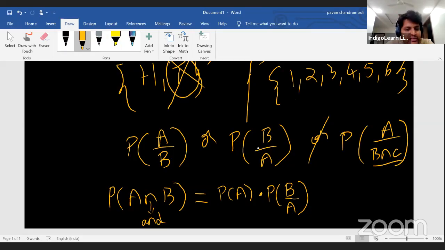So P of A intersection B, in a conditional probability, should be written as P of A into P of B by A, or you can take B first. Nothing stops you from doing it. P of B into P of A by B. I hope this explains in detail what P of A intersection B means in a conditional probability.